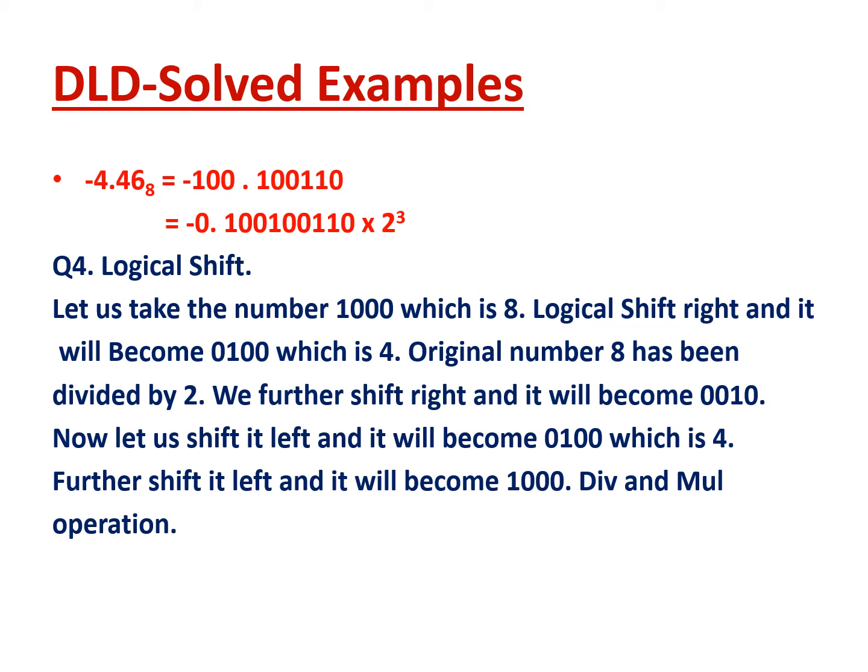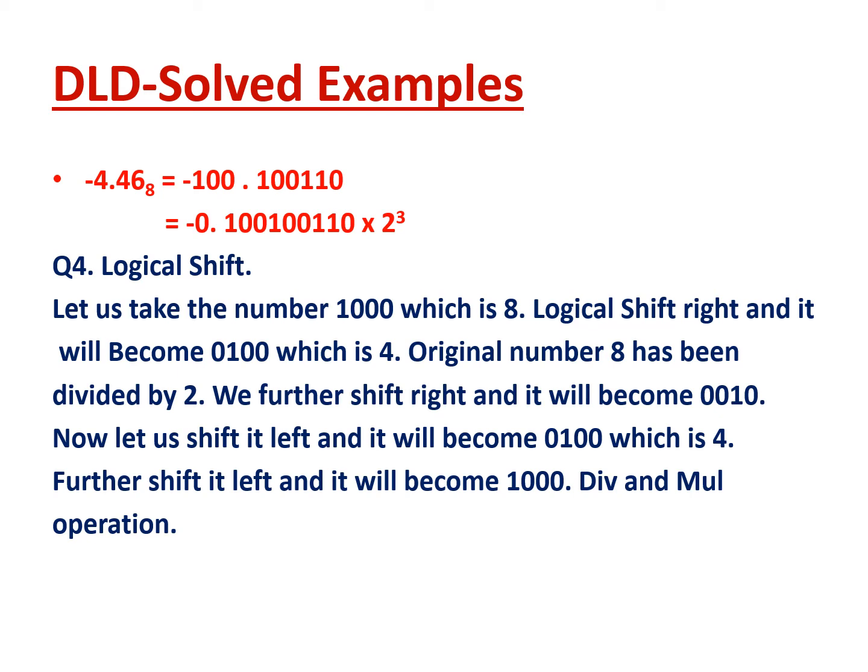Next we come to the logical shift. Why are we discussing the logical shift here? Of course, we will discuss the registers later in this course. Let us take the number 1000, which is 8, because you have to use it in assembly language, and some of the students may be studying assembly language in higher semesters.